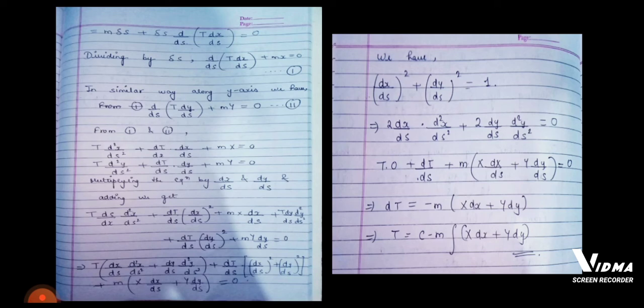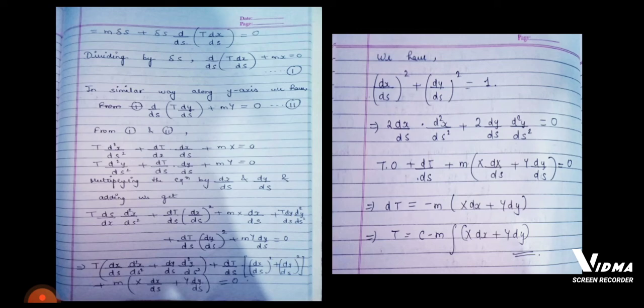Now we have (dx by ds) whole square plus (dy by ds) whole square is equal to 1, which implies 2 dx by ds d square x upon ds square plus 2 dy by ds d square y by ds square will be equal to 0.